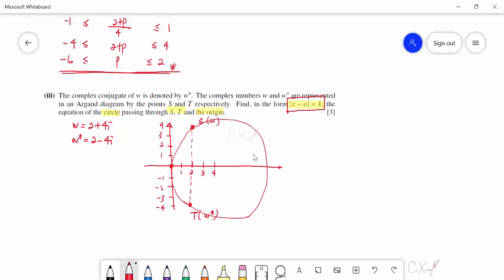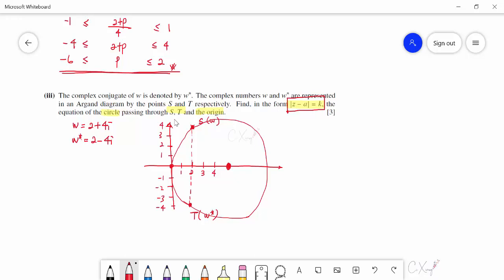and also the center, let's say I don't know where the center is yet, but because S and T are conjugate to each other, when you form the line, there's a property of the circle telling us that the center of the circle can be a perpendicular bisector for the chord.